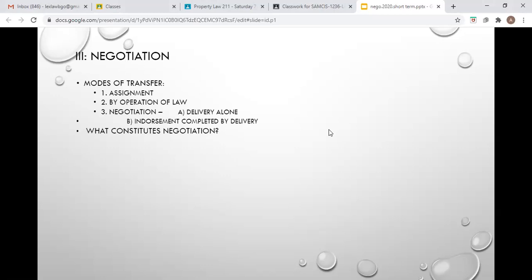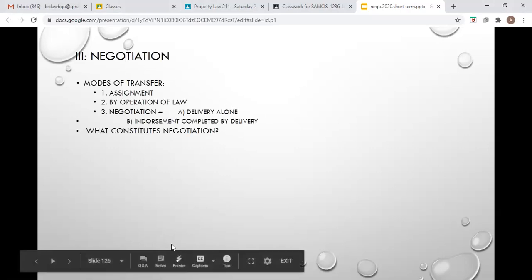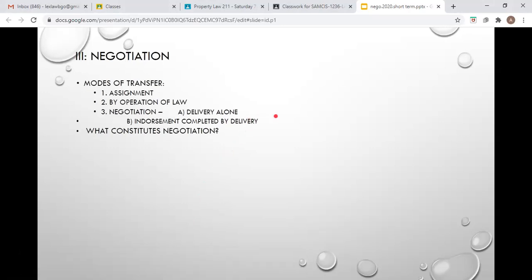First is by delivery alone, and then the other one is through endorsement completed by delivery. Delivery alone, this is applicable if the instrument is a payable to bearer instrument, so your section 9. And then endorsement completed by delivery, this is applicable if the instrument is a payable to order instrument.